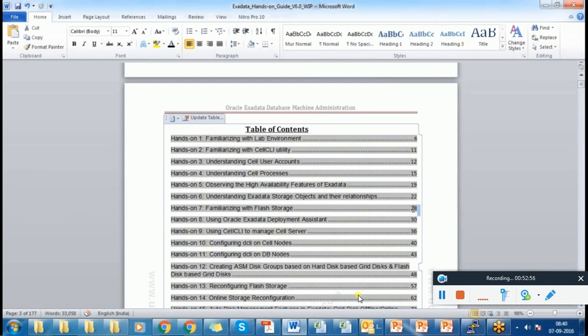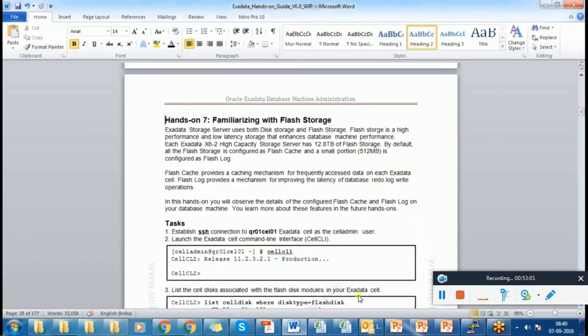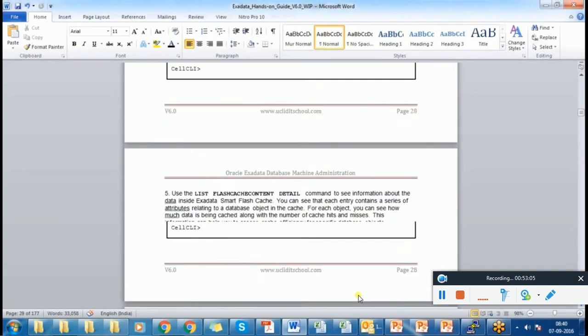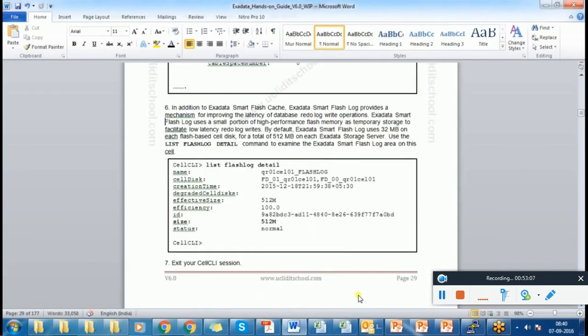You must have come across some commands related to dropping the flash cache and flash log, and recreating them. There is also the list flash log detail command, which shows you the flash log currently configured on your system.